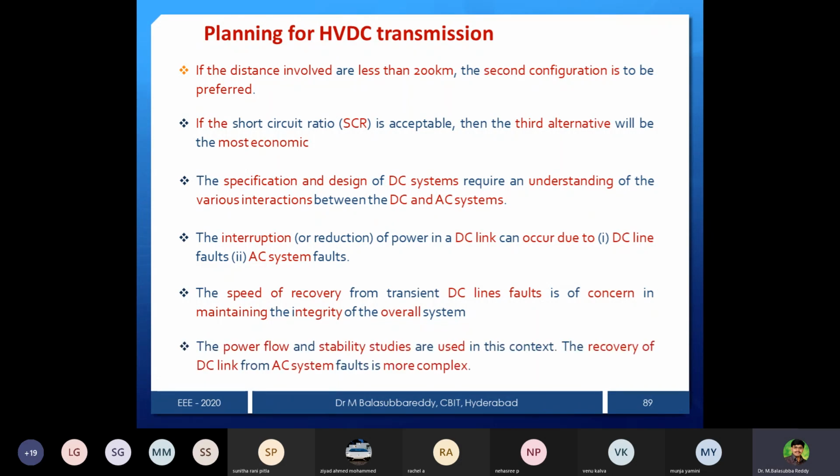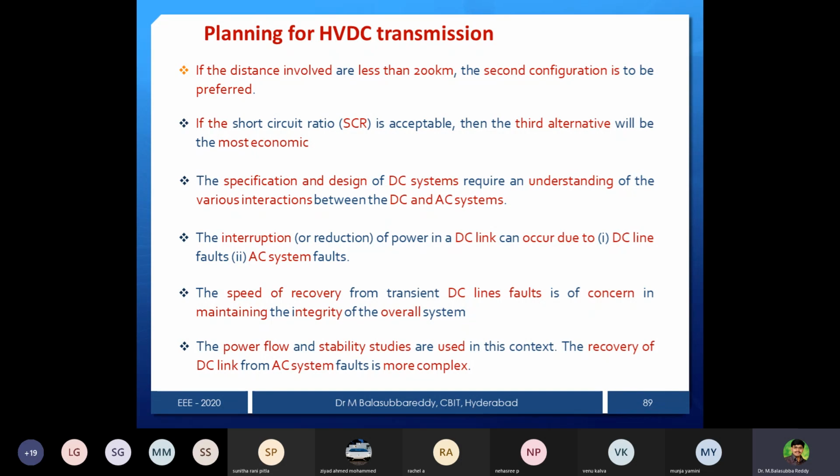So we have to consider that aspect also. The power flow and stability studies are used in this context. So once the transmission takes place and recovers back to DC, the DC power flows also, and all the stability analysis we have to consider.